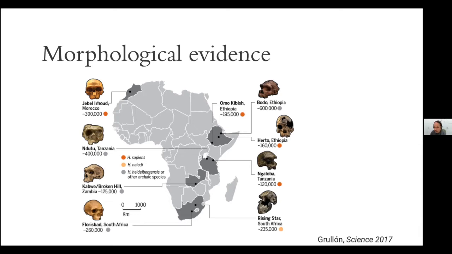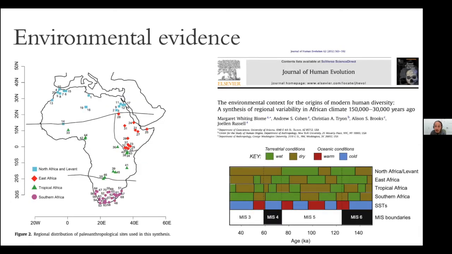It's not impossible, though. Now, other lines of evidence for why things would be complicated are from models of the climate. So we have pretty good models of how hot or cold things were, or how wet or dry, based on all kinds of things I'm not an expert on either.